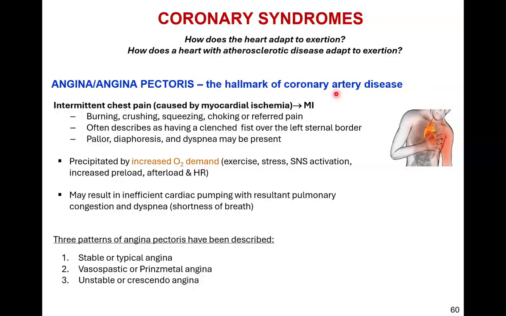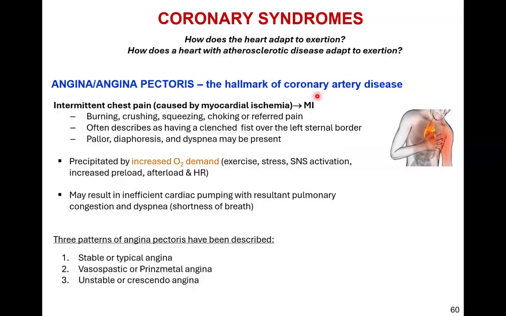And so one of the hallmarks of coronary artery disease, specifically atherosclerosis, is this condition called angina or angina pectoris. I've said here it's the cardinal symptom of coronary artery disease, and it occurs when the myocardium, so that's the heart muscle itself, becomes ischemic.